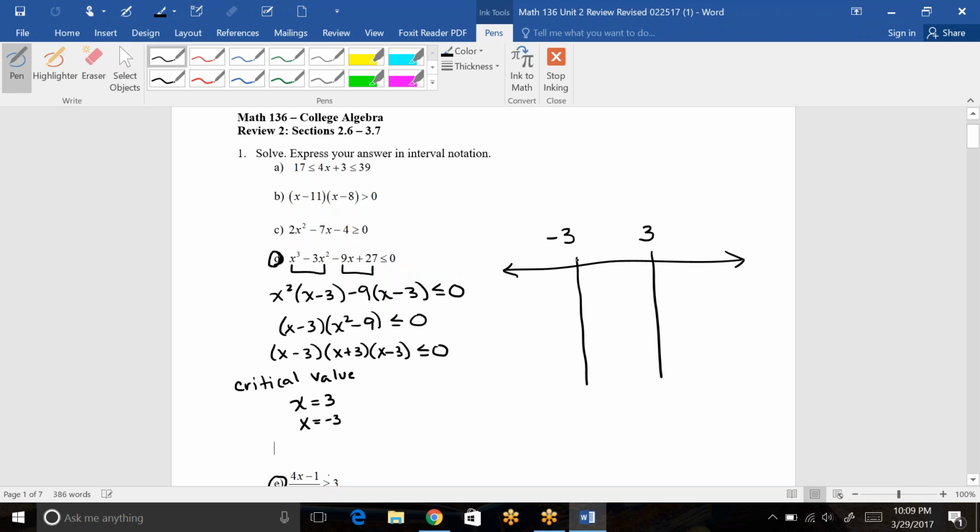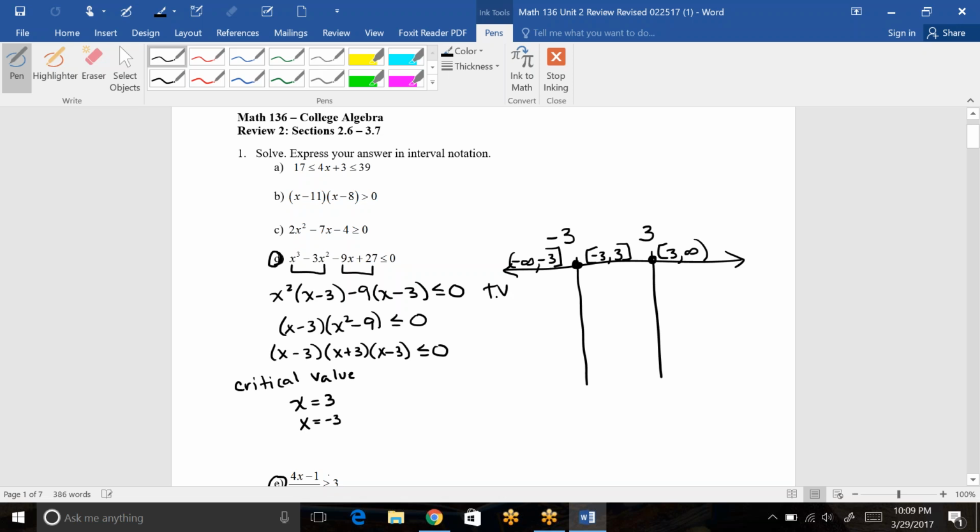But because this is closed, these are both going to be closed because of the equal to. So this would be negative infinity to negative 3 with a bracket, and negative 3 to 3, both with brackets, and then 3 to infinity. What we've just done is we listed this out as interval notation based on where those critical values are.